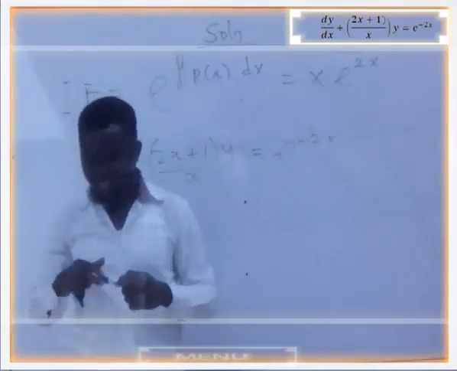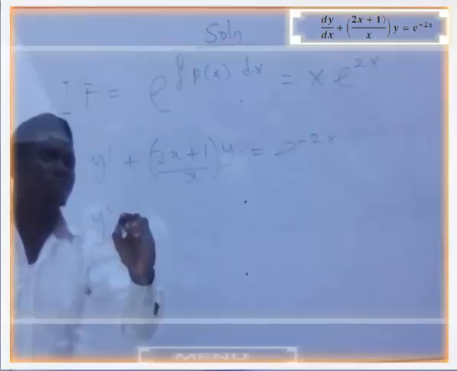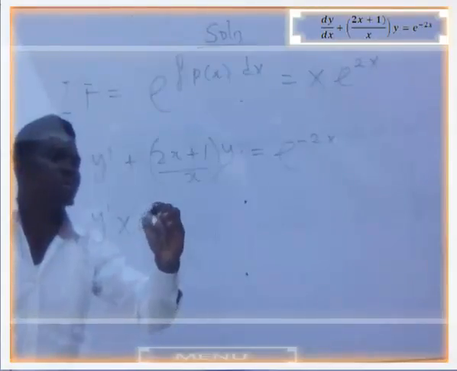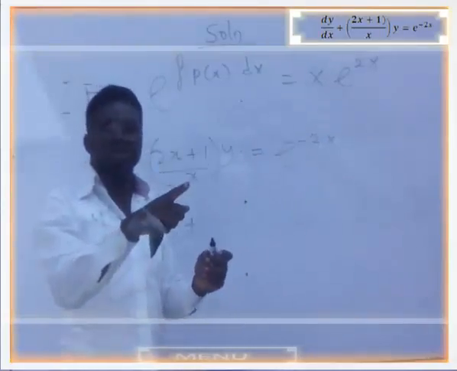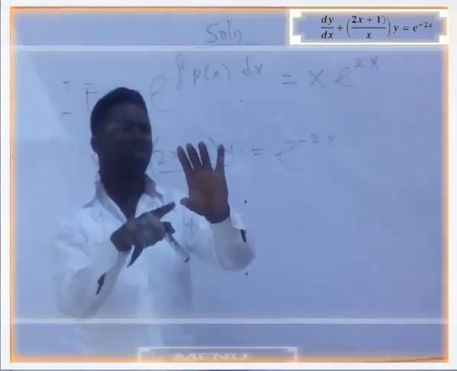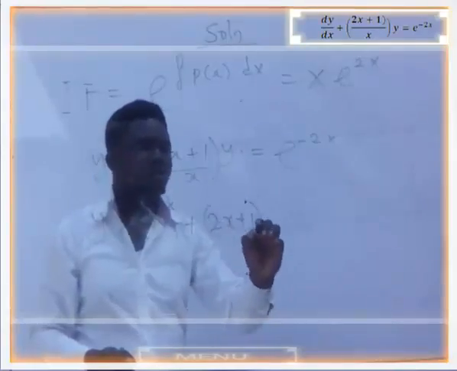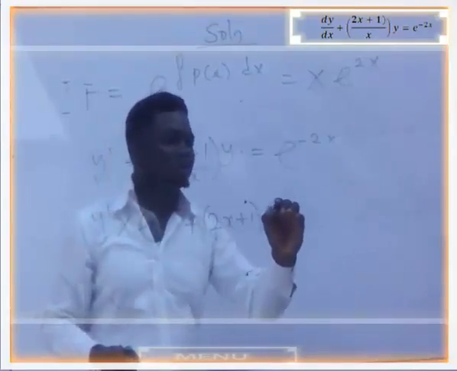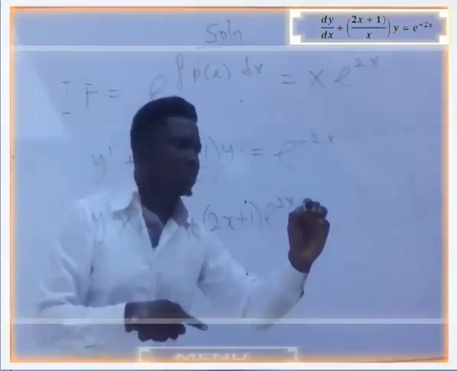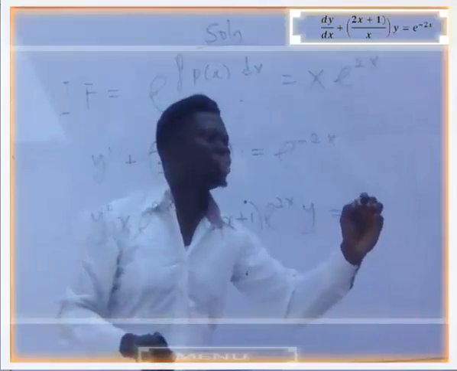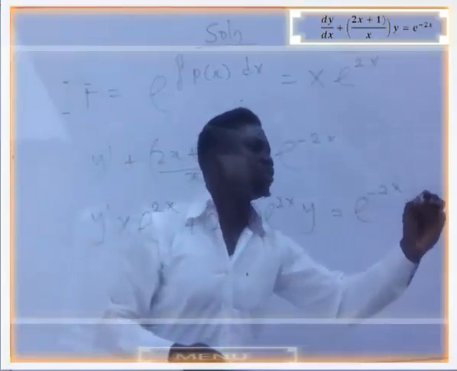If I do that, I'll have y prime times x e^(2x) plus, here, this x will clear this denominator, so I'll have (2x plus 1) exponential 2x times y, equal to exponential negative 2x multiplied by x exponential 2x.